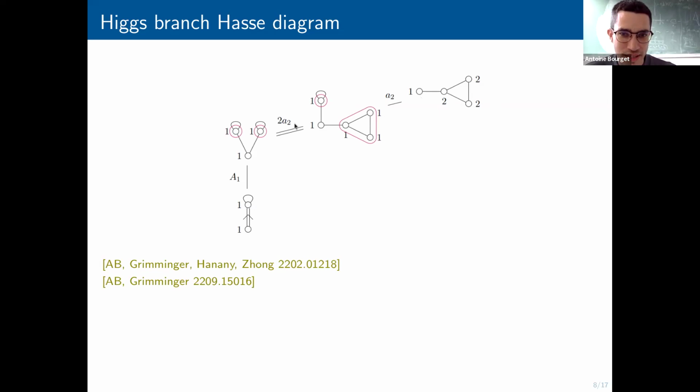But then once you've done this, if you ignore these red decorations there, then you obtain this quiver, which would tell you that the point that you've reached is a free theory. But actually, it's not the case. You have something more. And this additional slice here can be seen only if you've kept track of these decorations. And the exact definitions of these decorations is not entirely clear.